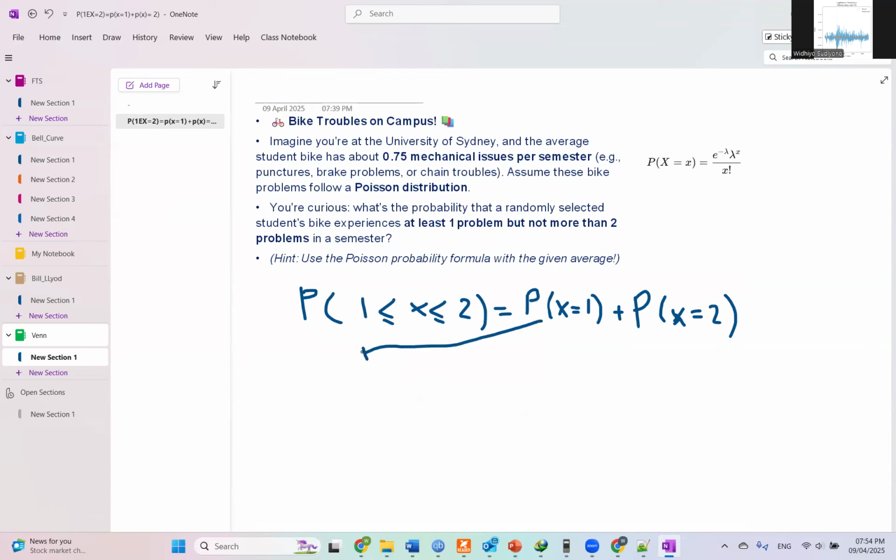Okay, now first we want to calculate this one, for x equal 1, by using this formula.